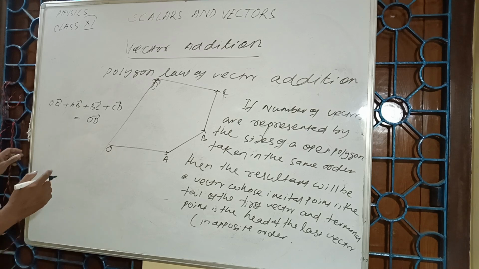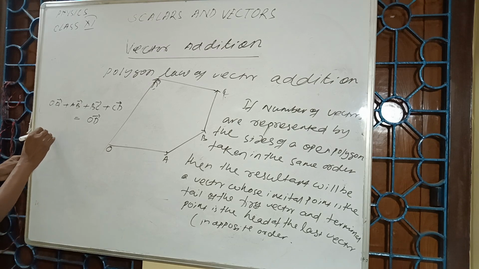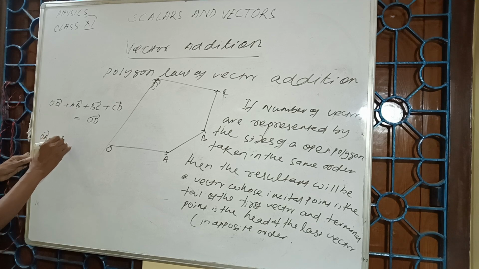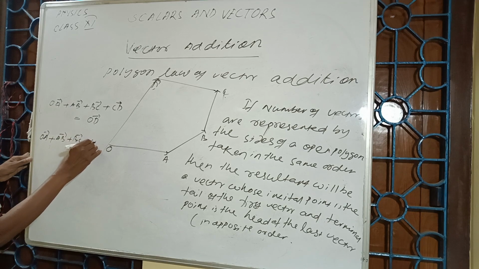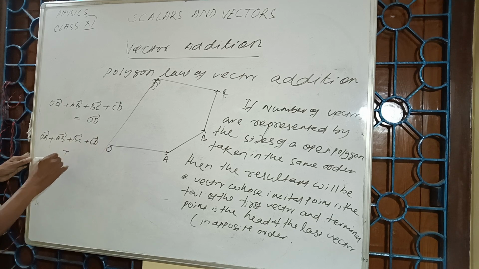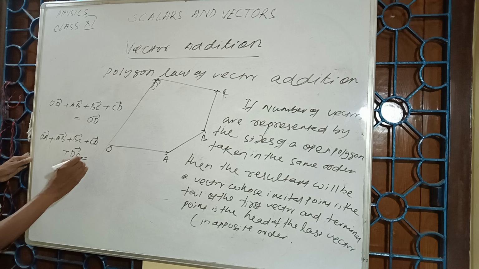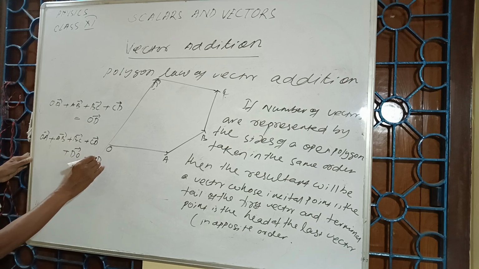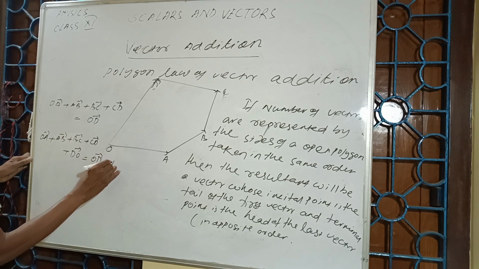Now, let us see that suppose OA plus AB plus BC plus CD plus DO is equal to OD plus DO.